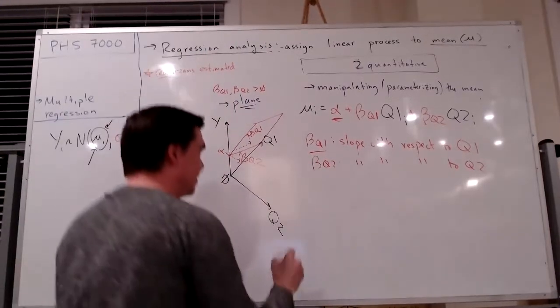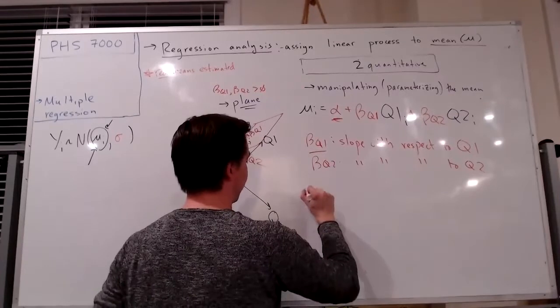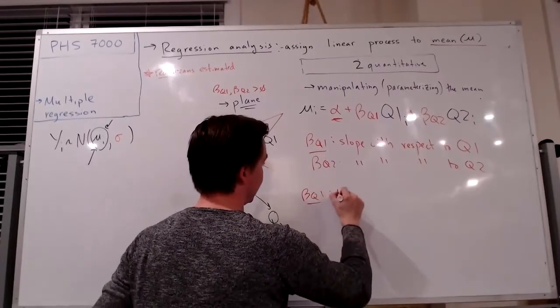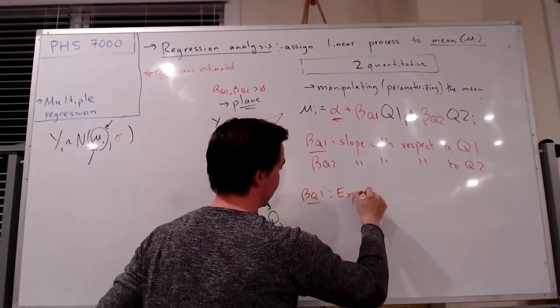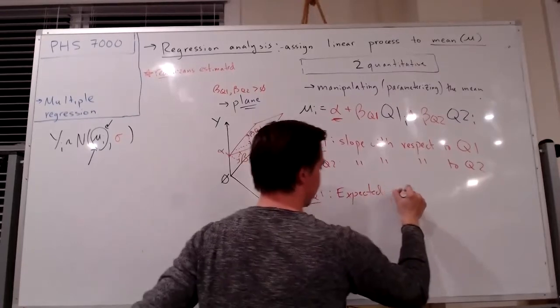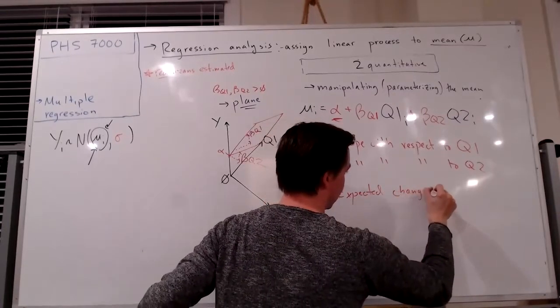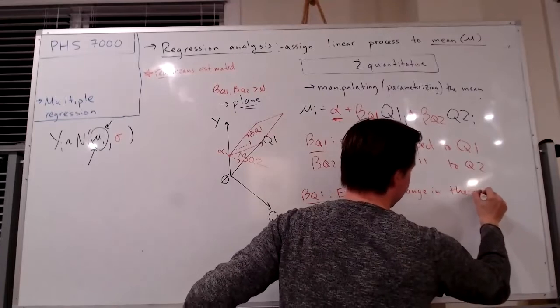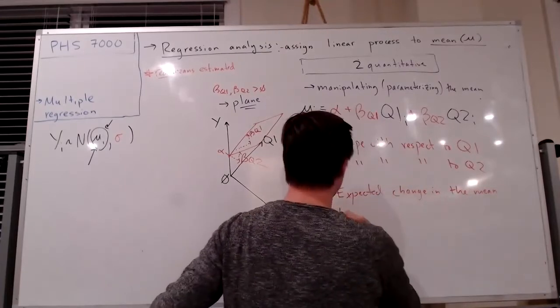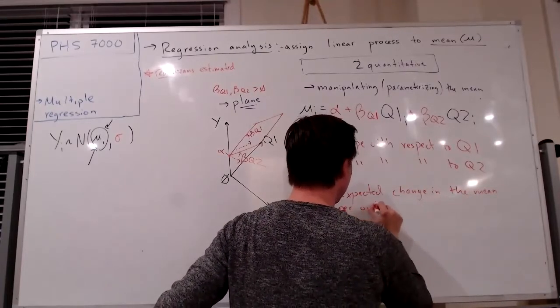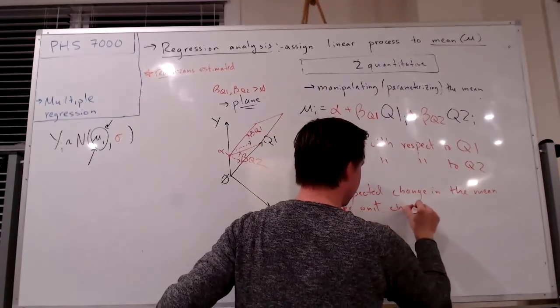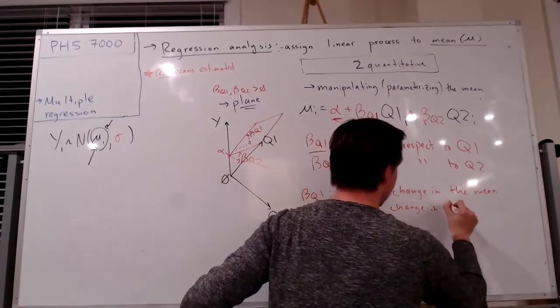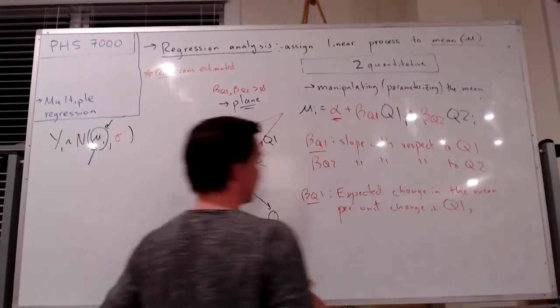The interpretation: beta Q1 is the expected change in the mean per unit change in Q1.